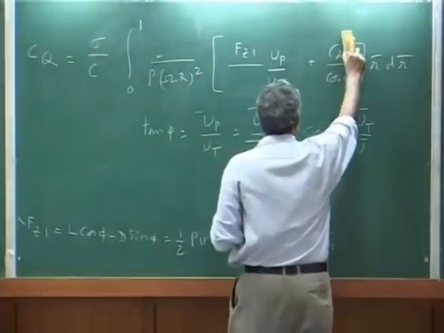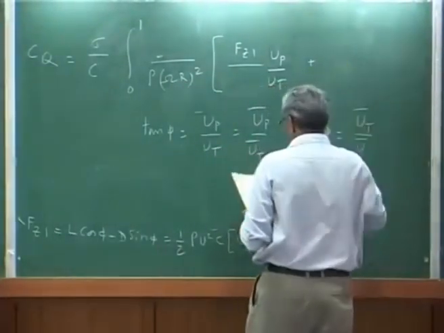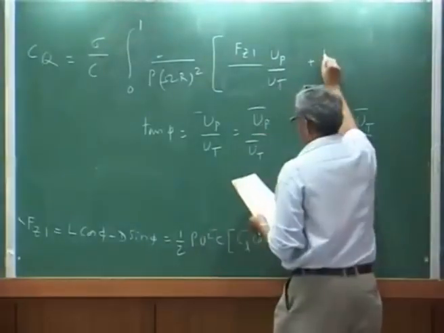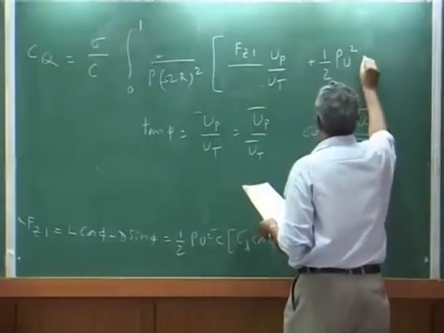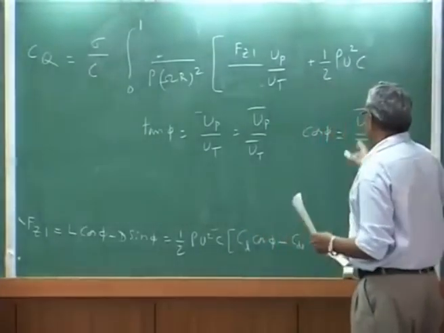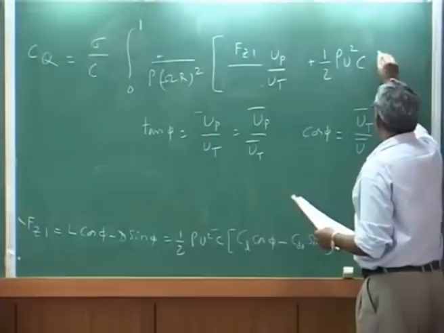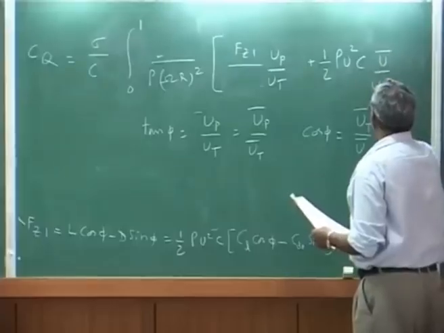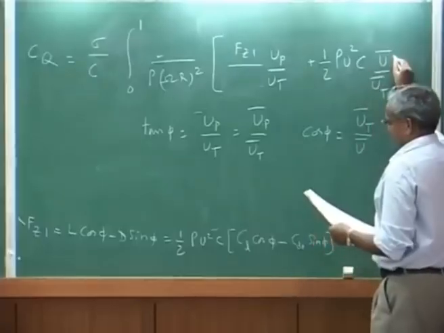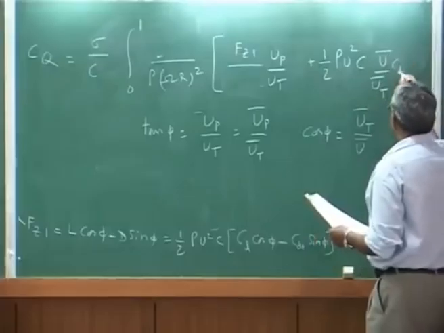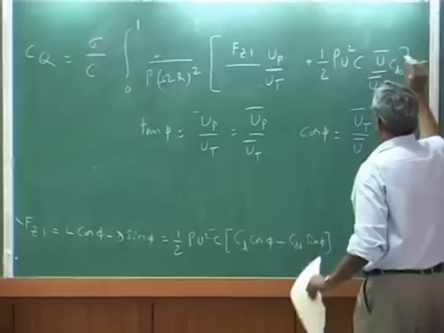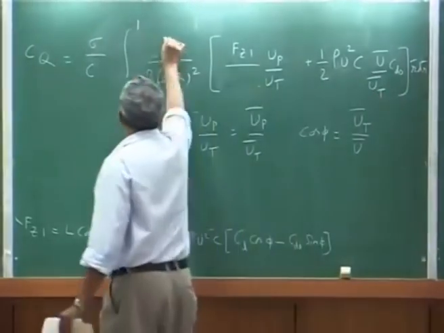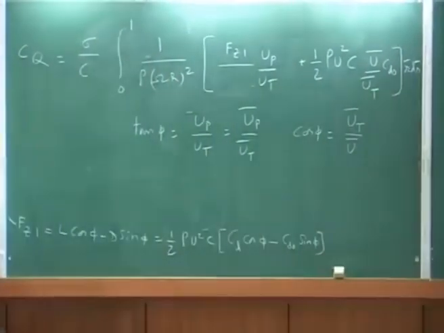And then here this will become half rho u square C, and u bar over u t bar C d 0 r bar dr bar.